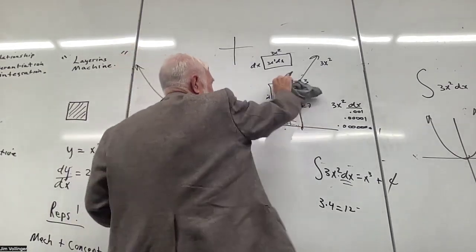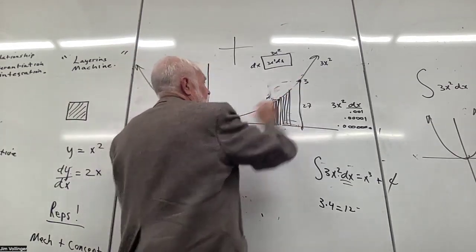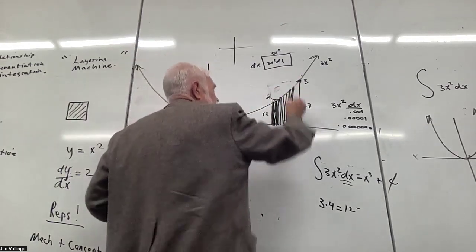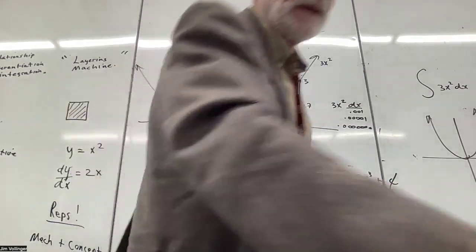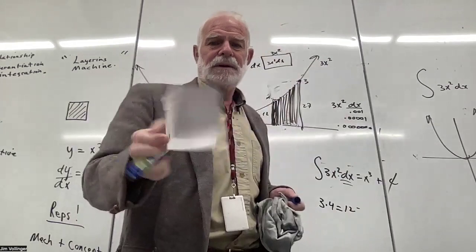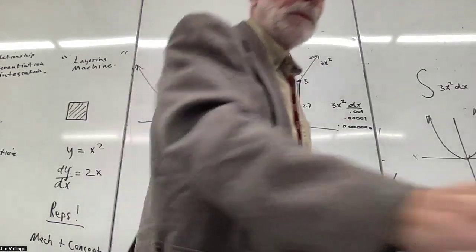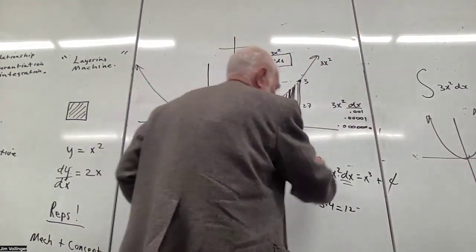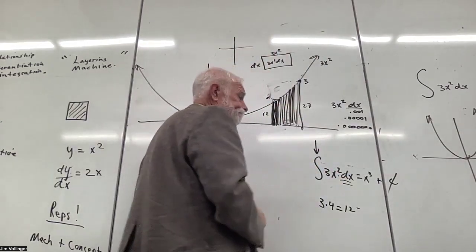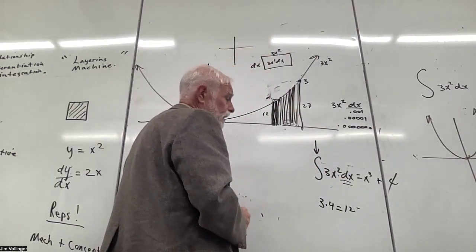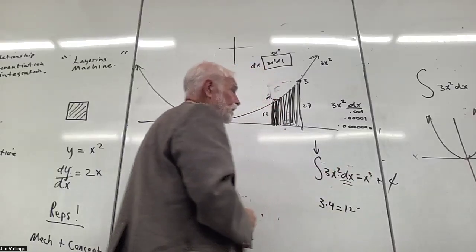So we want to eliminate that error. We do it by adding an infinite number of rectangles under this curve. Each one has a little bit more volume to it than the previous one. And if we add up, that's what that symbol means, to add up each of those strips, well, we've got ourselves the cubic.